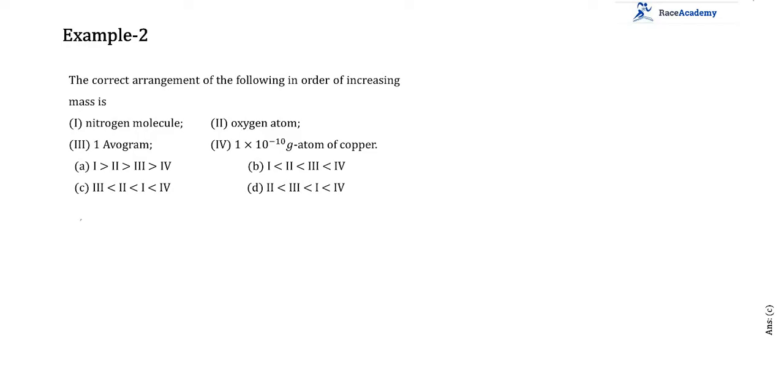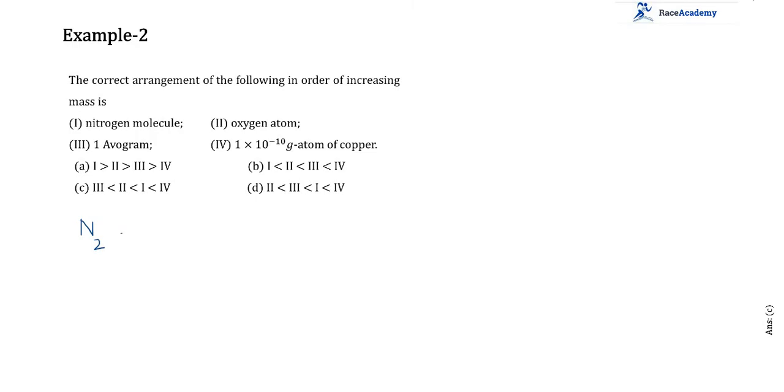The correct arrangement of the following in increasing order of mass. First, they have given a nitrogen molecule. The nitrogen molecule formula is N2. What is the mass of this nitrogen molecule?